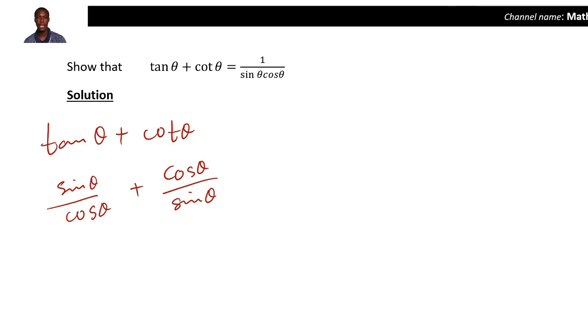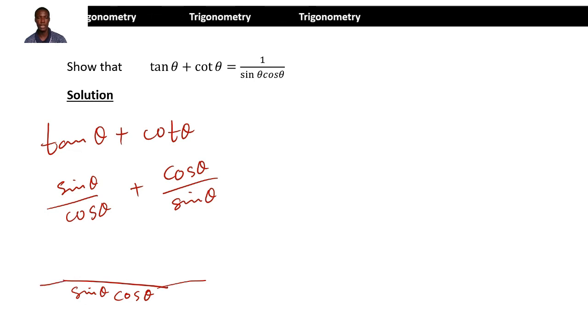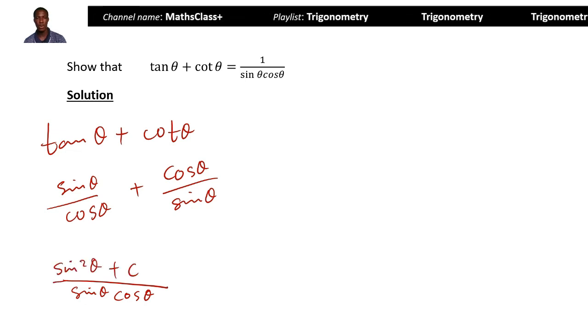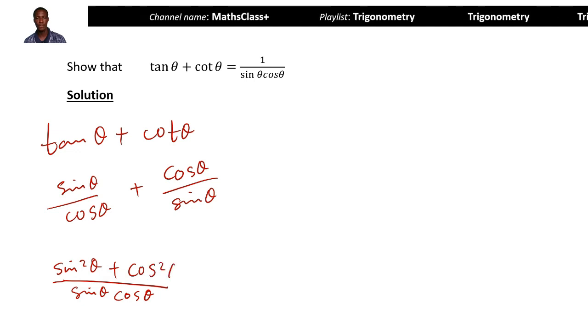Then I will find the LCM, which will be sine theta cos theta, and then for the numerators I'll have sine squared theta plus cos squared theta.